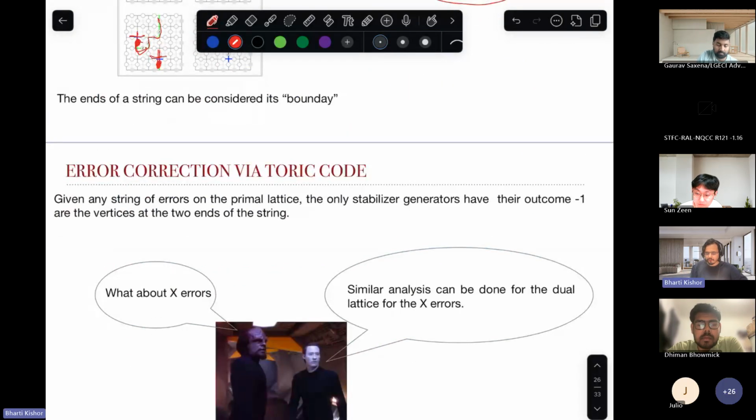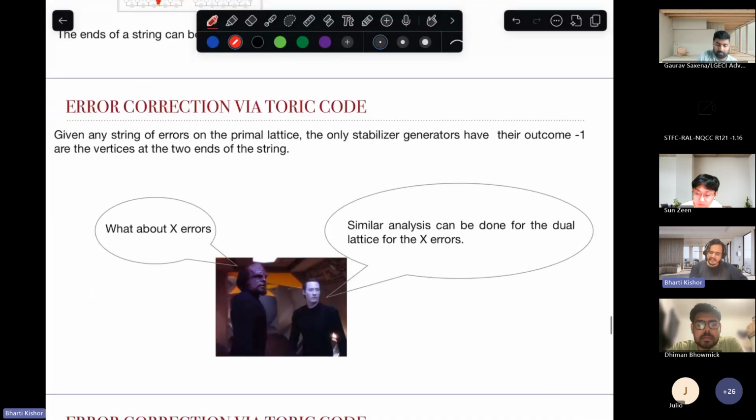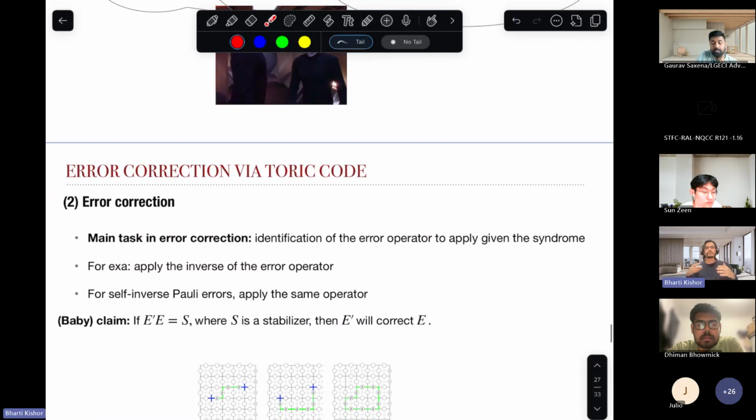So that's how you detect. Given any string of errors on the primal lattice, the only stabilizer generators that have their outcome -1 are the vertices at the two ends of the string. And for X errors, you can do the same analysis. So that's how you detect errors. So you have detected that some errors occurred.